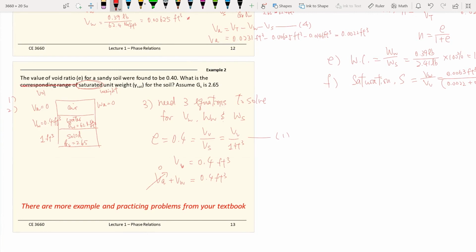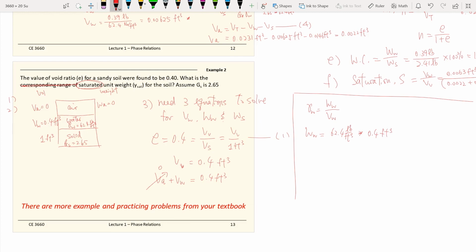The weight of water now becomes very obvious because we know the unit weight of water, which is always helpful. The unit weight of water is the weight of water divided by the volume of water. So the weight of water will be equal to 62.4 pounds per cubic foot times the volume of water, which is 0.4 cubic feet.